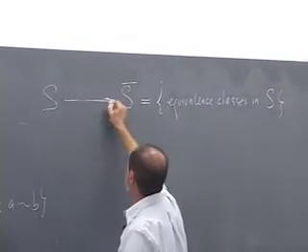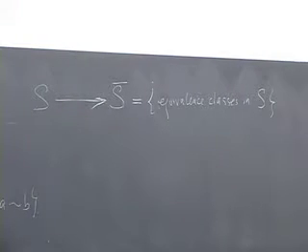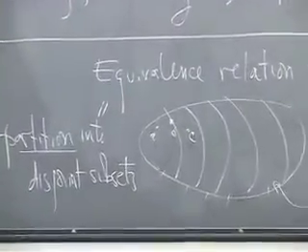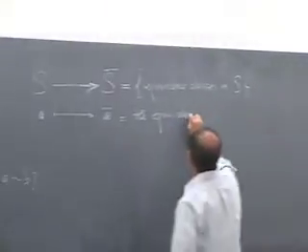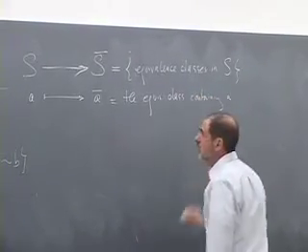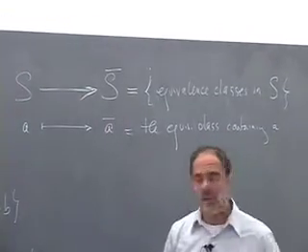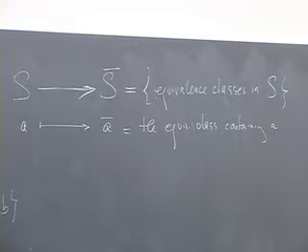There's a map from S to S bar of sets that takes an element A in S into its element in S bar, the equivalence class containing A. So this might be written like this: A goes to A bar, the equivalence class containing A. So this map is not an injection of sets, but it's surjective. Everything in S bar comes from S because every equivalence class contains something.